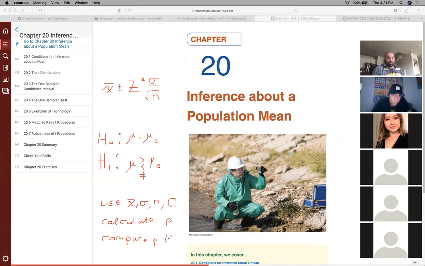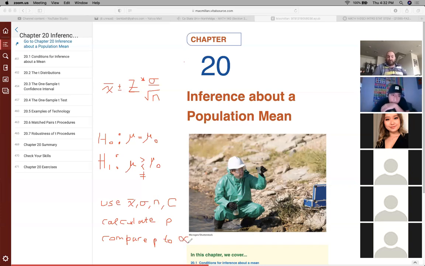Usually 0.05, but in general, we compare it to alpha, the significance level.